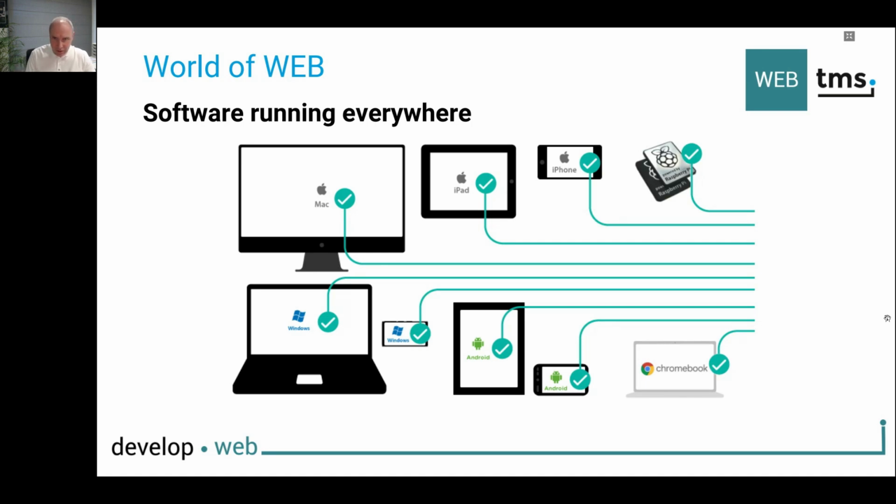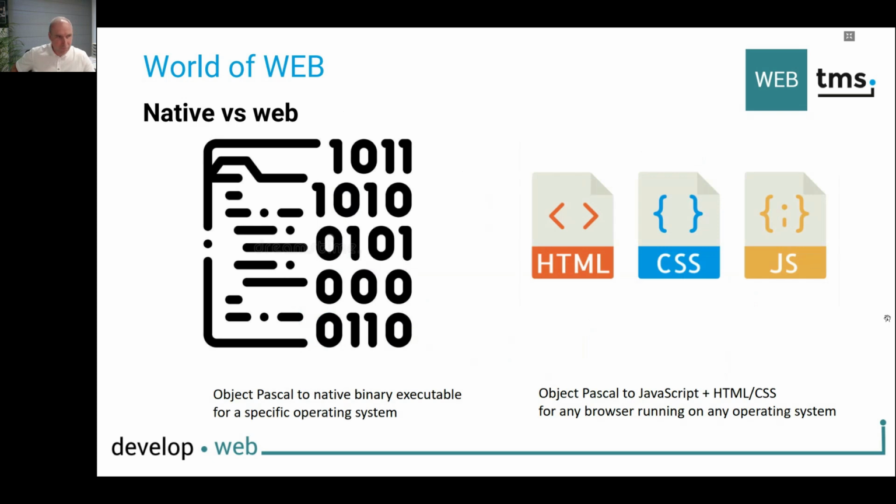The goal of this webinar is to introduce you to TMS WEB Core, especially if as a Delphi developer, you are coming from a VCL Windows application development background. And that's why I'd like to start with comparing a little bit the difference between creating native VCL Windows applications with Delphi and creating web applications.